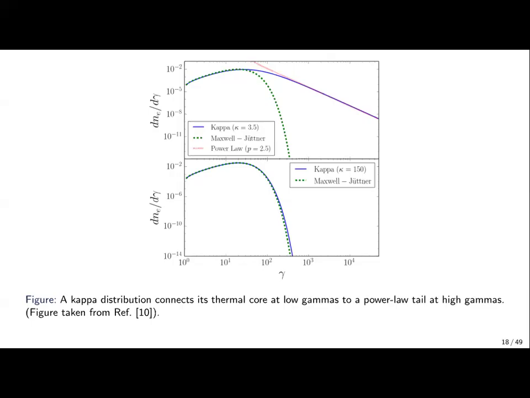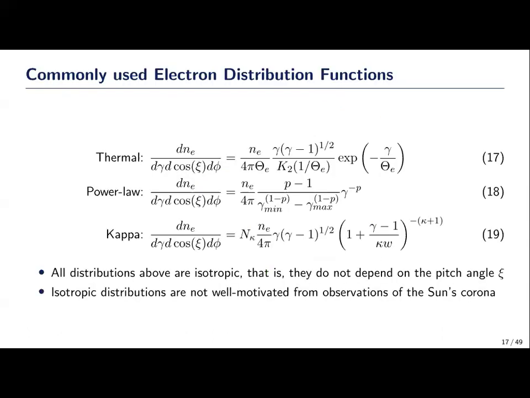So in Rybicki and Lightman, analytical considerations have been done with the power law distribution, which was basically introduced for analytical considerations as far as I understand. Because this is really only the highly relativistic part of the distribution that Maxwell-Jüttner doesn't get right, and the emission from the thermal core is not that important.